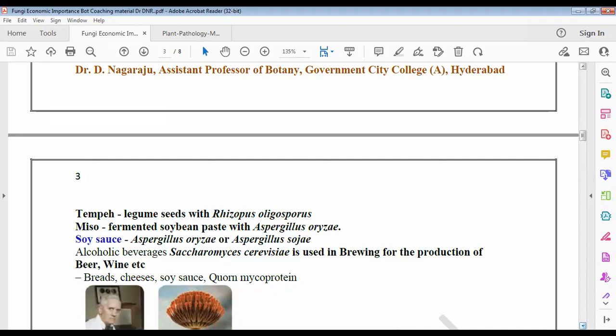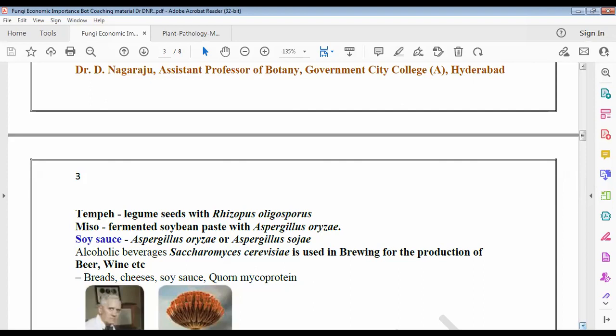Legume seeds, that means pulses, are fermented with Aspergillus, and with that they prepare tempeh. Japan and Germany use this food by fermenting with Aspergillus. You know miso, the fermentation of soya bean with Aspergillus. And you know soya sauce. Soya sauce is also prepared by using Aspergillus.